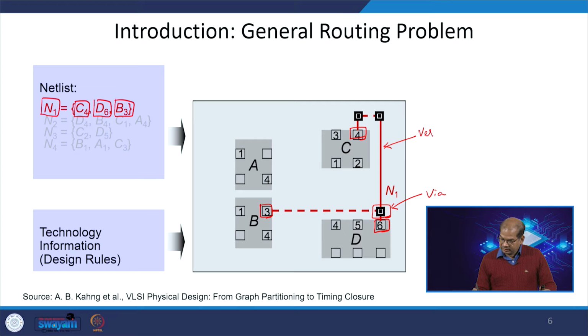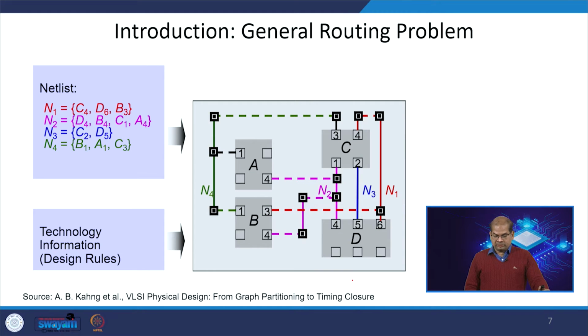So, this is vertical metal, this is horizontal metal, and now they are connected. This same strategy is applicable for all the nets N2, N3 and N4, and all the nets are routed. This is an example of how we can do routing inside a VLSI chip design.